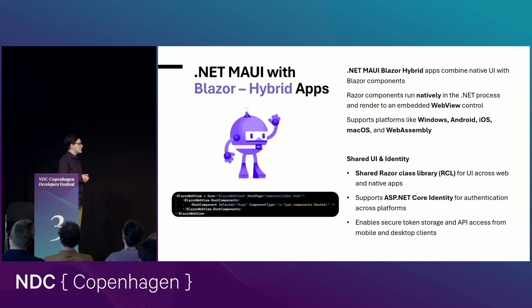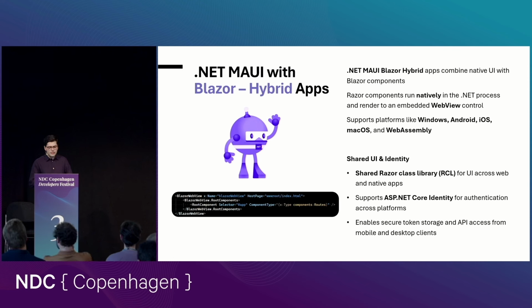I will refer you to Gerard's session from yesterday, where he explained that a little bit more. But just to quickly take a look, MAUI Blazor Hybrid allows you to build mobile and desktop applications with your existing Blazor application, or with your existing knowledge in .NET.